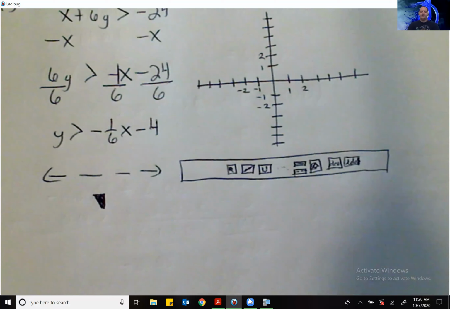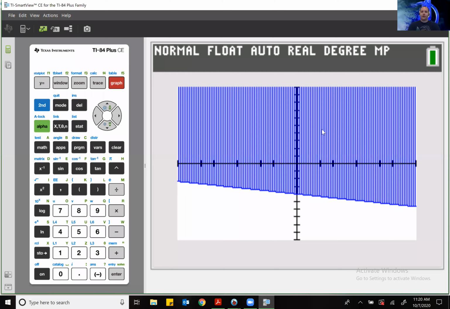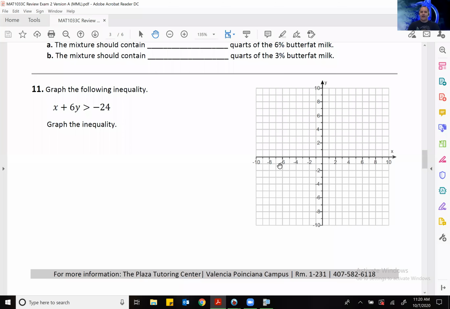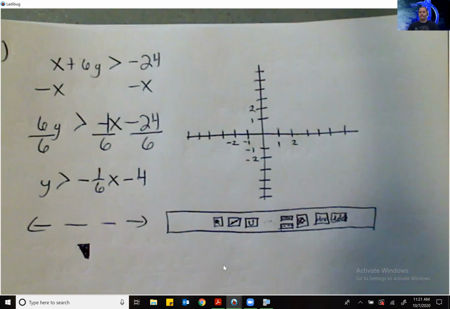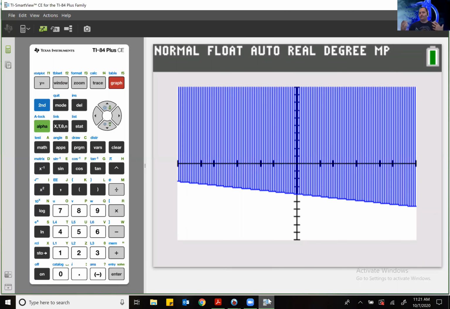So how am I going to get this picture onto My Math Lab? What are we going to do? You plot the points first, and then you click the bucket. Okay, where do I get the points? The table.